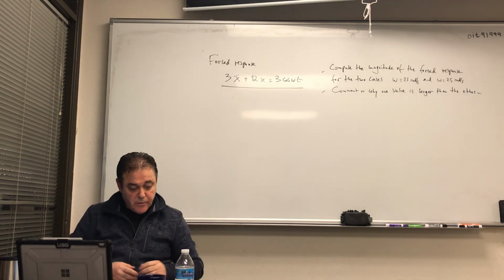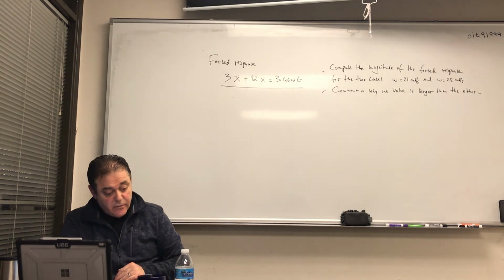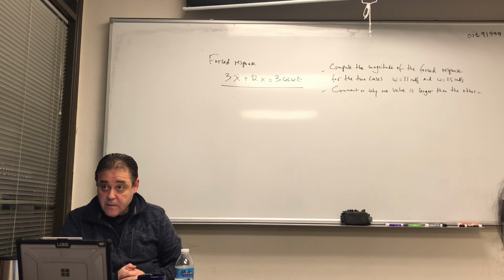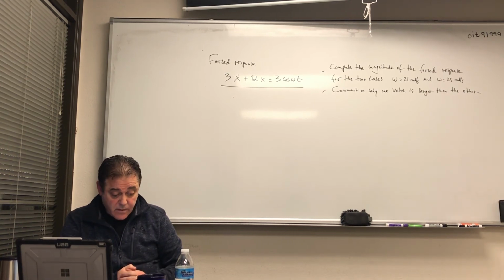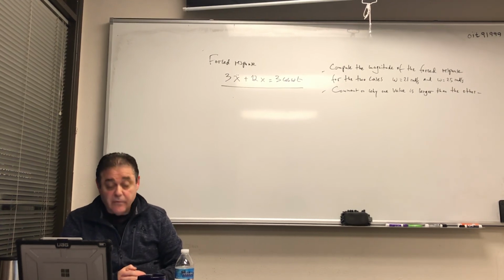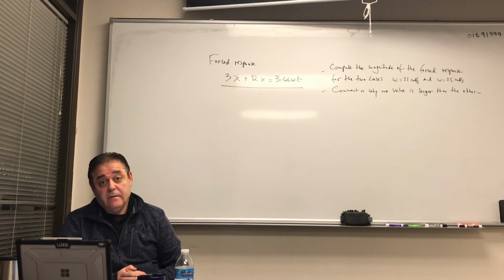So has anyone computed the x's? At least for the first one, what was it? Minus 2.43. 2.43 is a good number, yeah. Second one is 0.44. That's a good one, yeah.